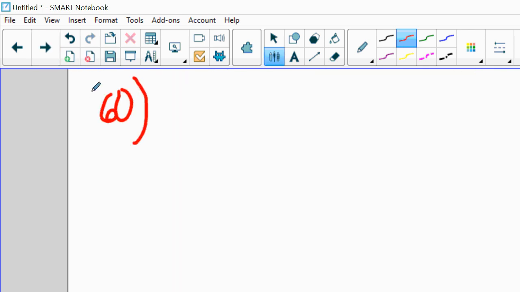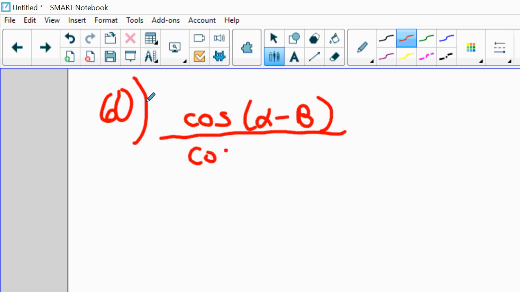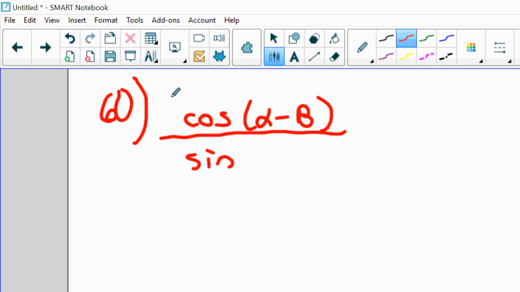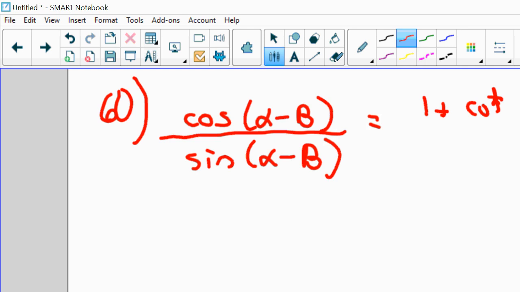60. Cosine of alpha minus beta over sine of alpha minus beta equals 1 plus cotangent alpha cotangent beta over cotangent alpha plus cotangent beta.